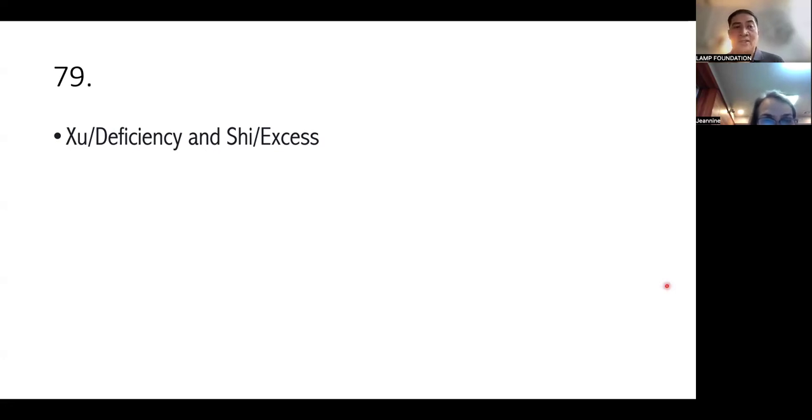Yes. Next, what are the causes of deficiency pattern? Deficiency pattern number 80. Deficiency of qi, blood, yin and yang. Qi and blood deficiency: short course, less severe. Details will be discussed in the qi, blood and body fluid patterns.